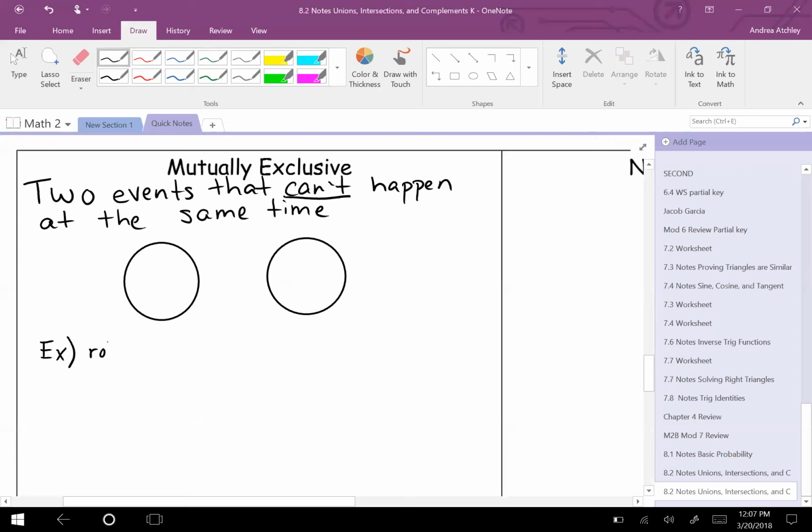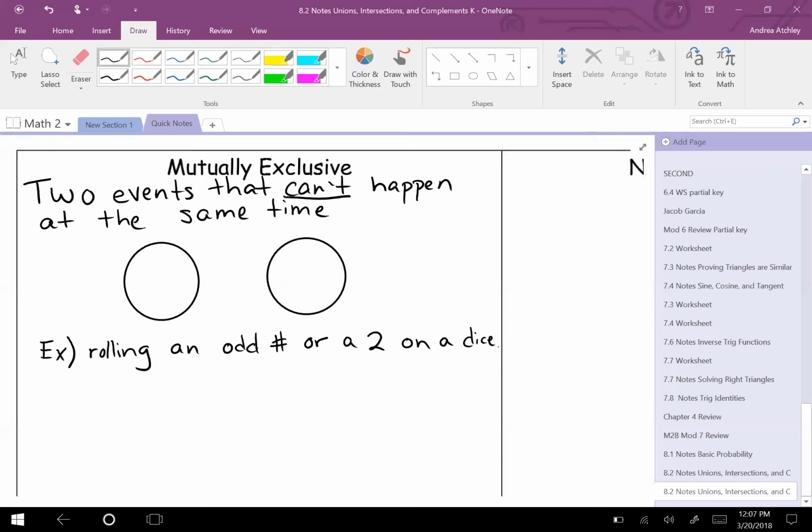Rolling an odd number or a 2 on a dice. Okay, can I roll a dice and get an odd number and a 2?